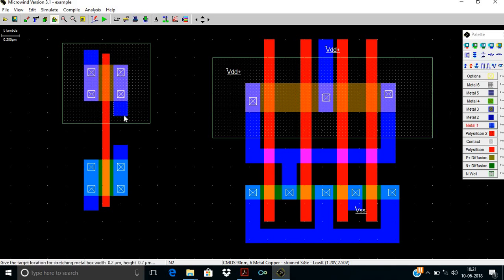Then connect the drain, and connect the VDD here. Again connect the VDD to the well, connect the ground, and connect the input.